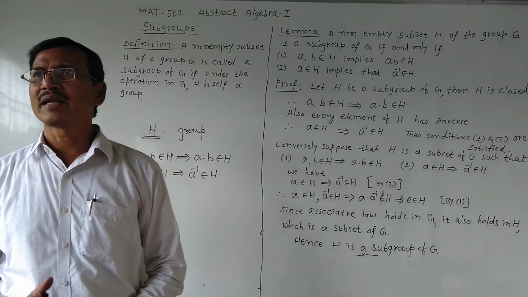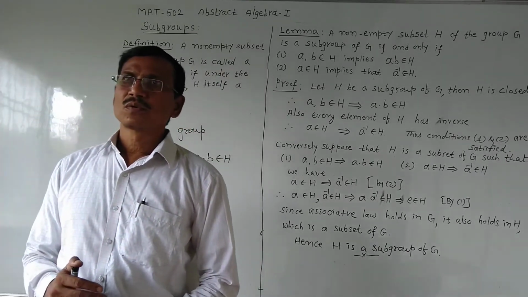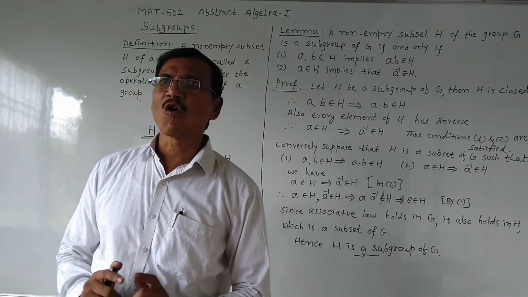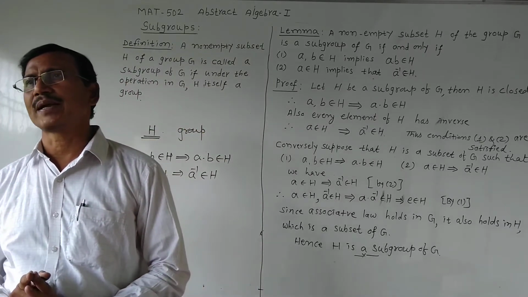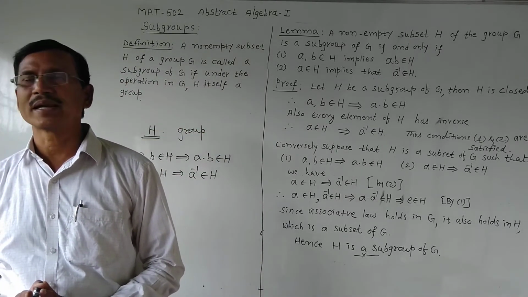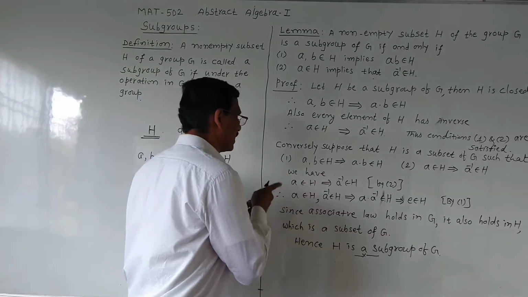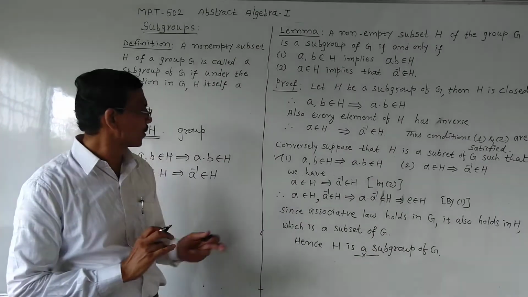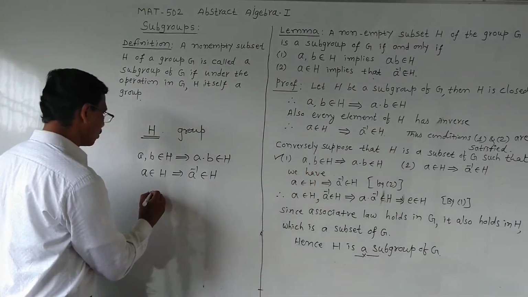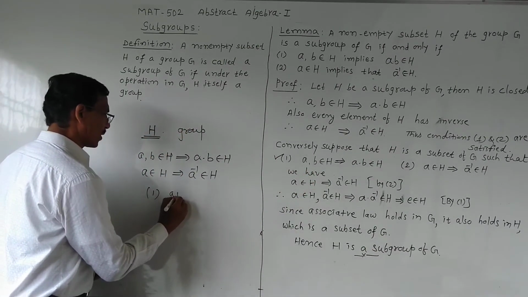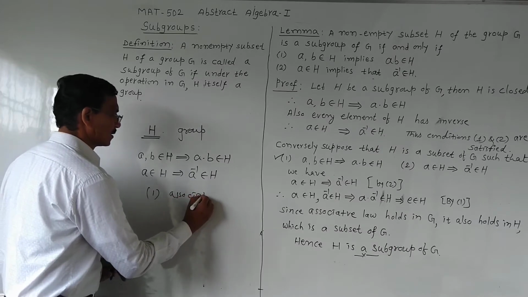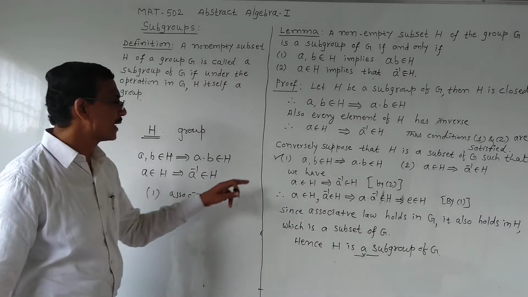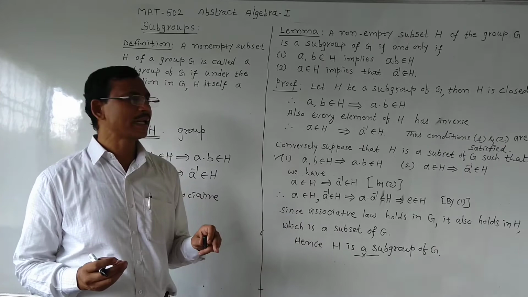Now try to remember the definition of group. H will be a group if four conditions are satisfied. First is closure property. Means already closure property is there. Second is associative. Associative is not given, means we have to prove the associative property. Third is existence of identity element.